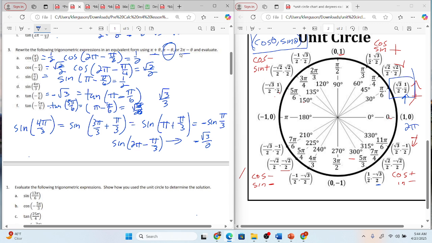So we got to see which one of these is the same. Which one of those gives us positive? So right here, I'm going to go with pi plus pi over 6. That puts me right here. Boom. Pi plus pi over 6. That gives me my positive value.